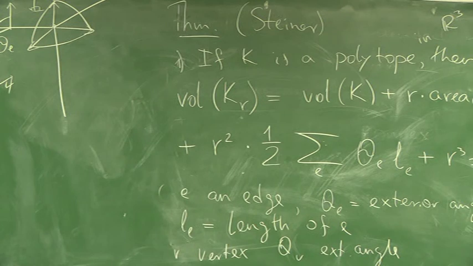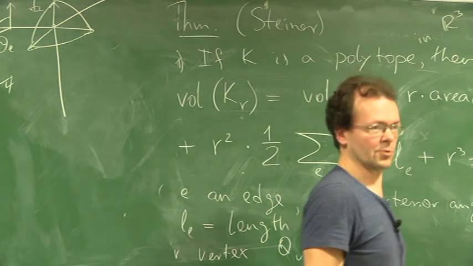So the integral is taken over the boundary with respect to the area element, and then finally plus R cube times 1/3 the integral over the boundary of K, kappa 1 times kappa 2 with respect to the area element. Kappa 1 and kappa 2 are just the principal curvatures of the surface.